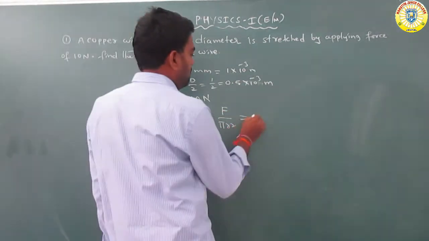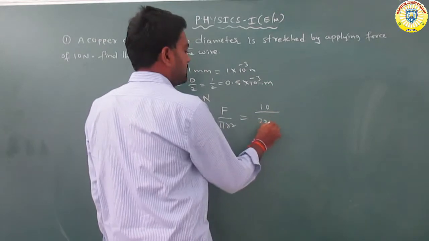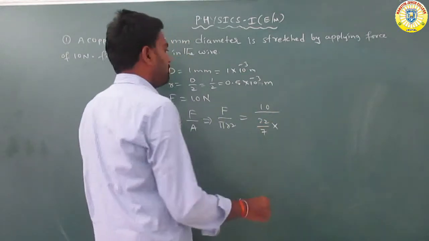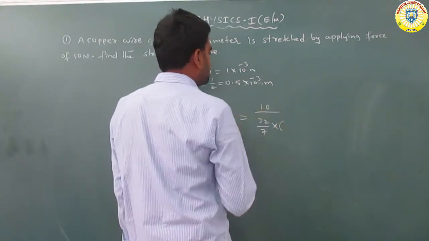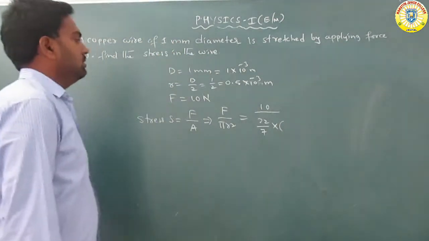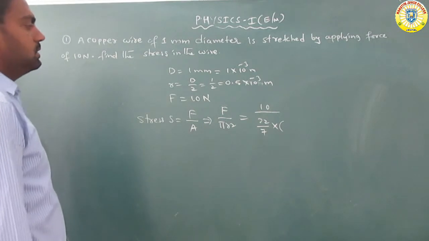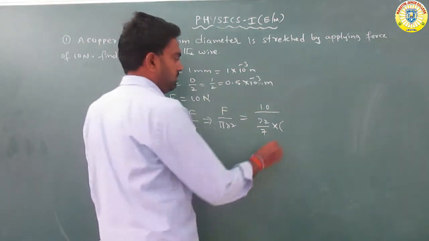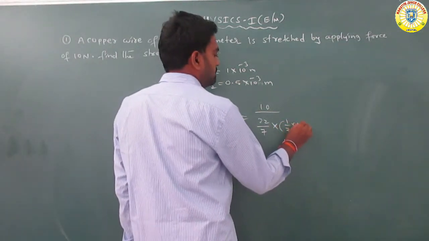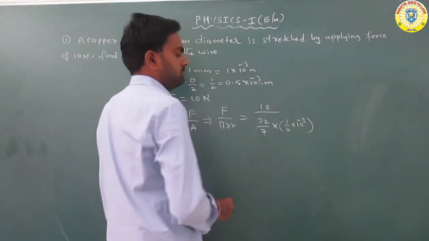F is equal to 10 newtons, pi is equal to 22 by 7, into r squared, where r is 1 by 2 into 10 to the power of minus 3.